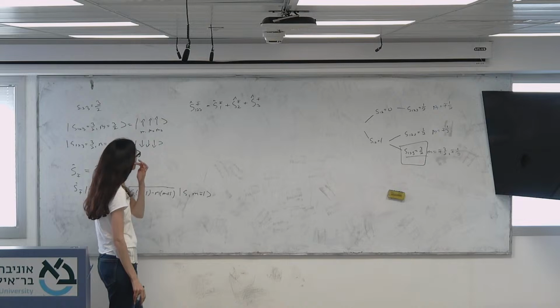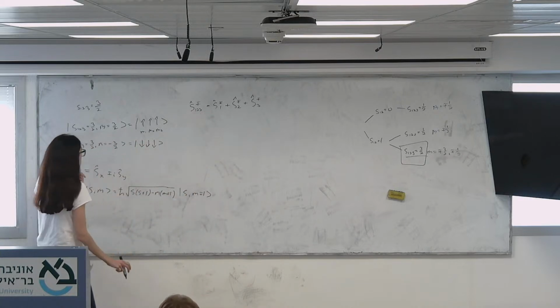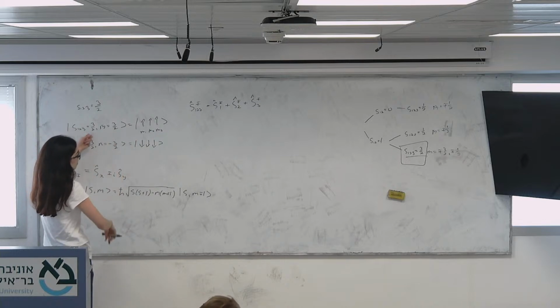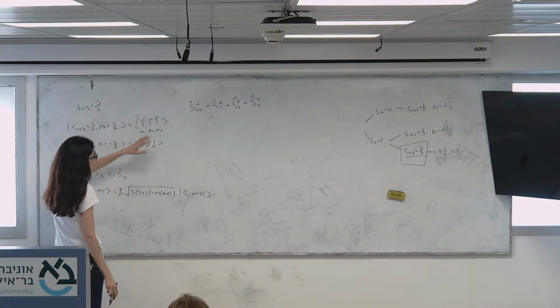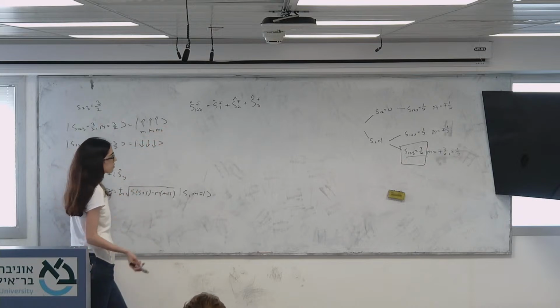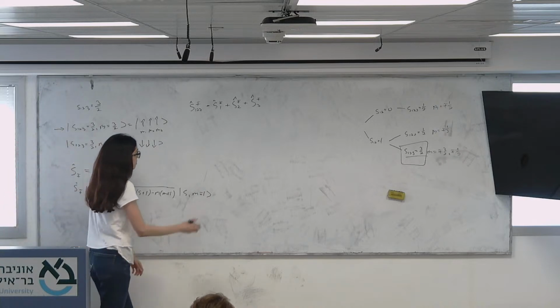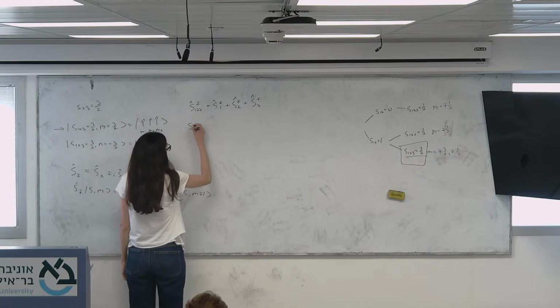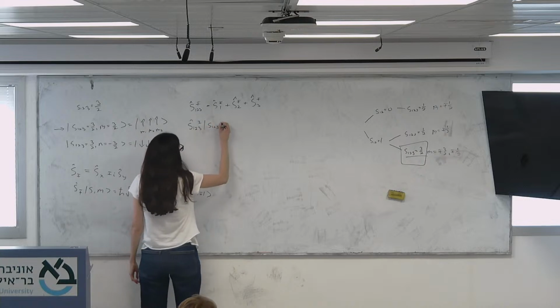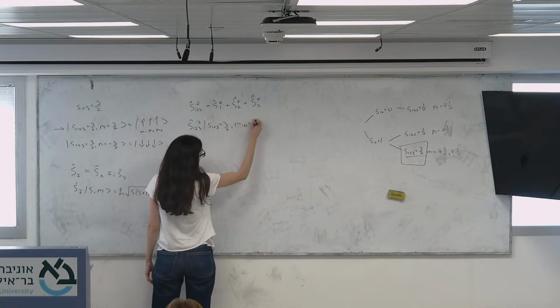Now we can use it once on the left hand side of this expression, and once on the right side, and see what we get. So let's take first the left. S1,2,3 minus on S1,2,3 and M1,2,3 equals 3 over 2.